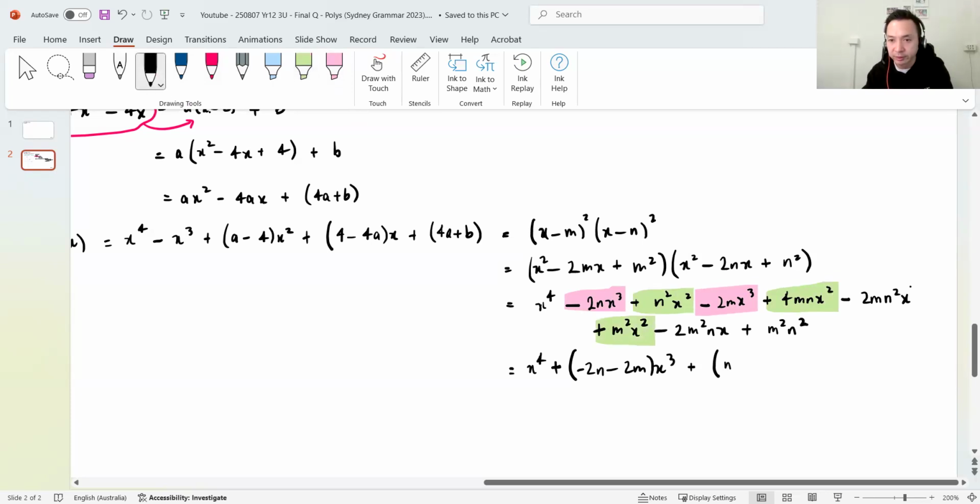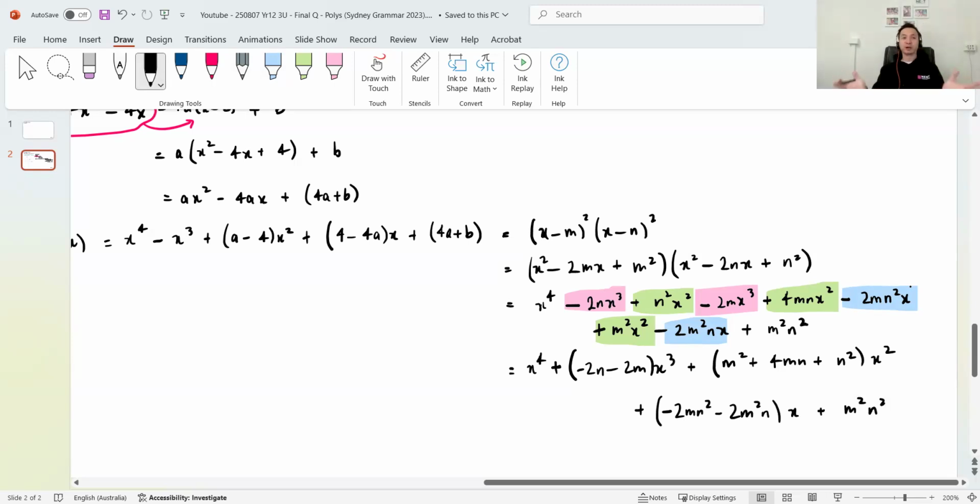So m squared plus 4mn plus n squared. Now the x terms, there's this one and this one, so minus 2mn squared minus 2m squared n x, and then plus.